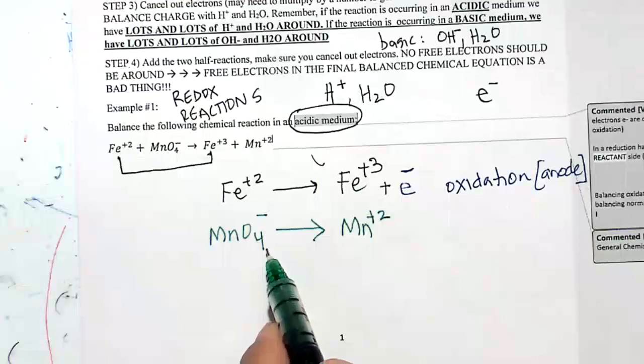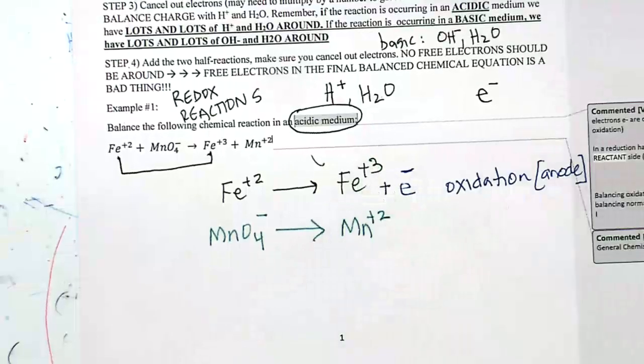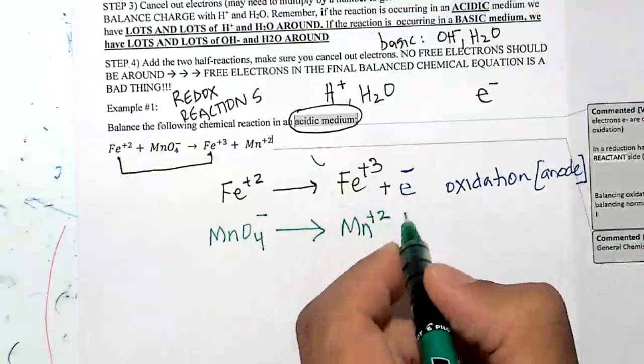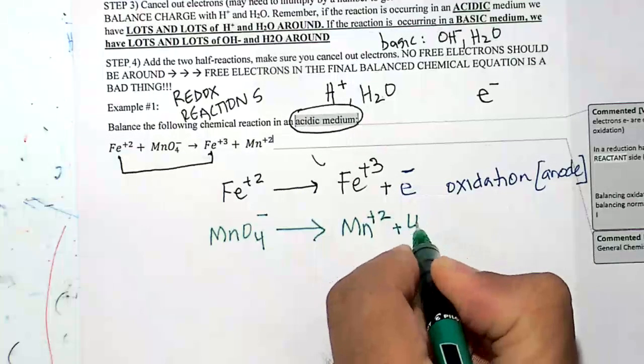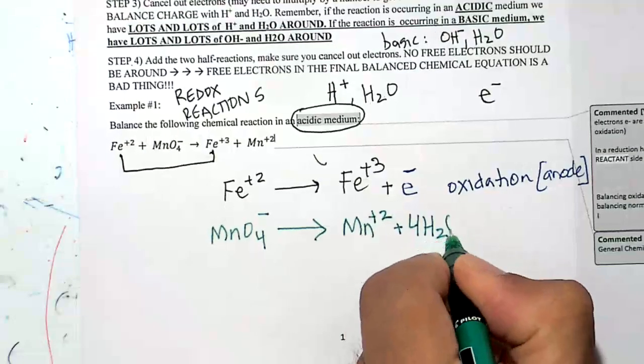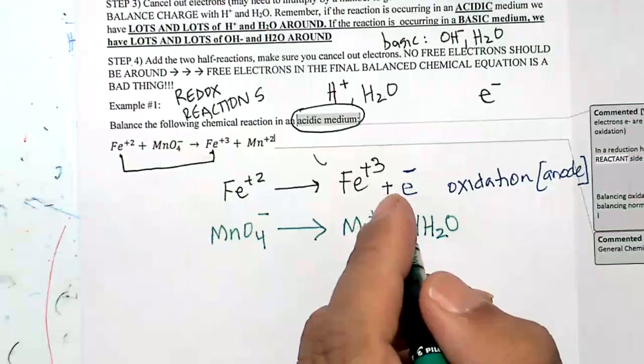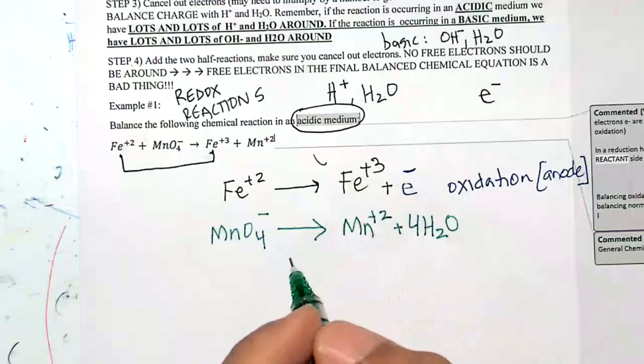What do we balance the oxygens with? We're in acid, so what do we have a lot of in acid? Water and protons, and we'll balance it with water. Very good, Susanna. How many waters and on what side? Does everyone see? We need 4 H2O.